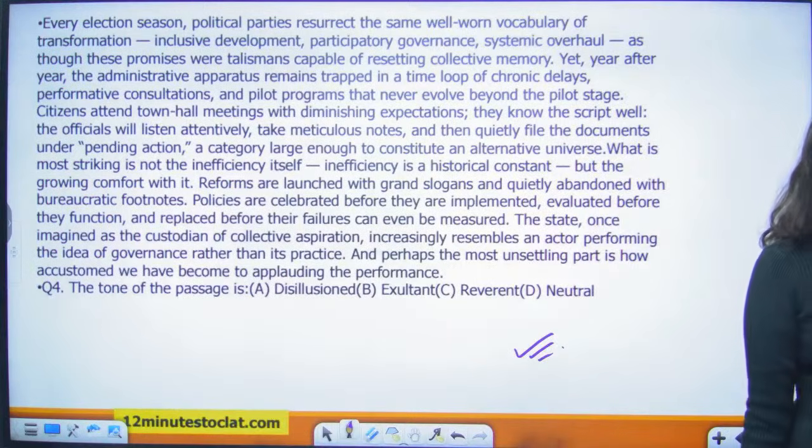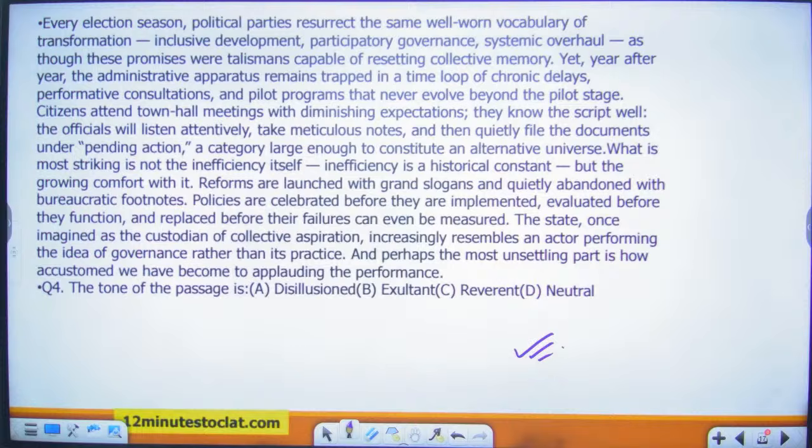Yes, people, very quickly. Faster, people. It's such a short passage.